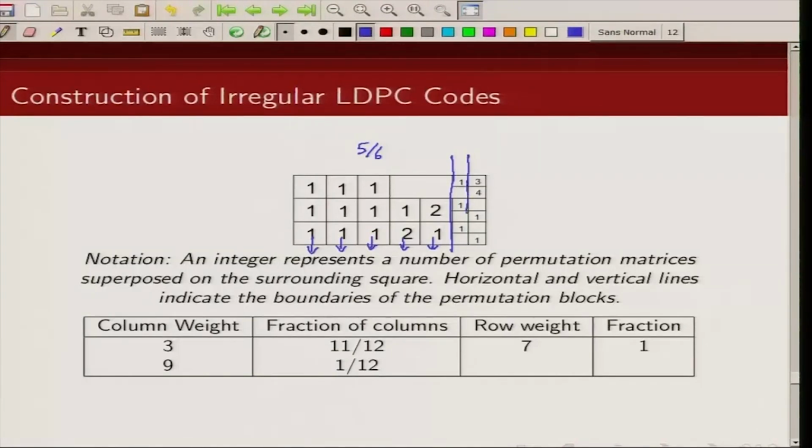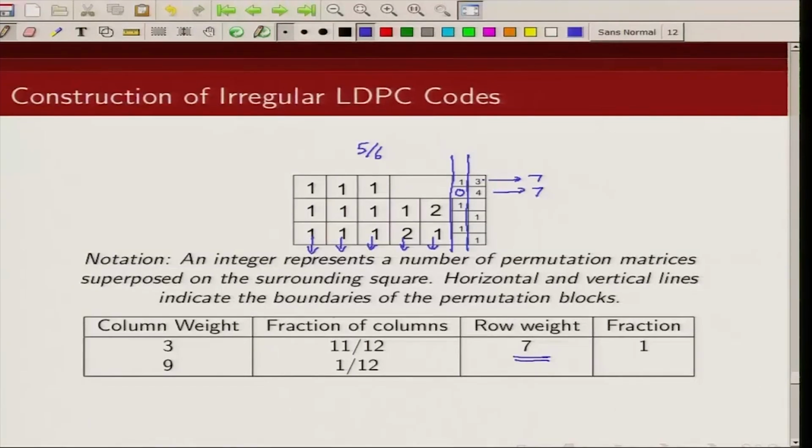So, I can do that by placing ones like this. Now, I also have to ensure that the row weight is 7. So, how do I ensure that? I have a 3 here, so I need a weight 4 here. So, I do it by 1 and 3. So, this is row weight 7. Here it is 3, this was 0, so this has to have weight of 4.